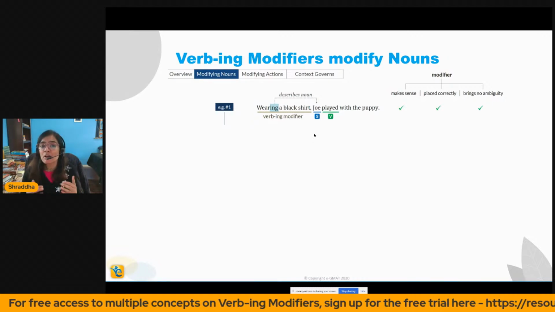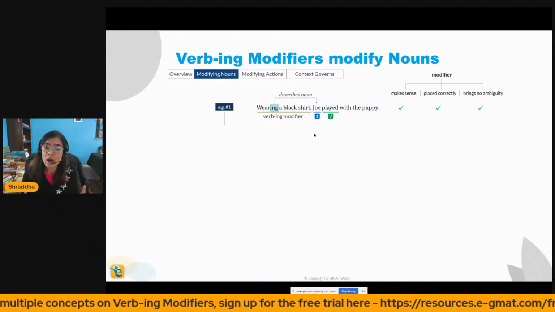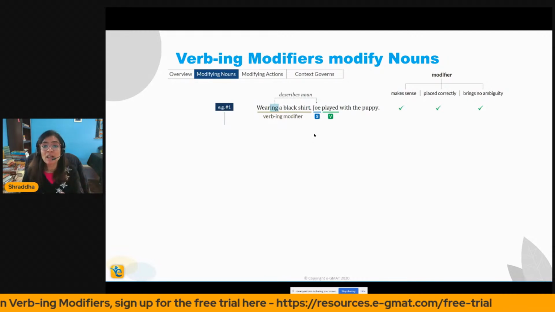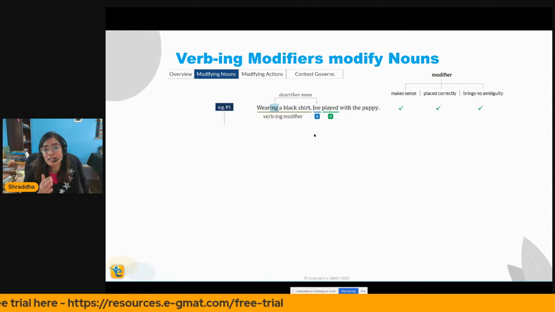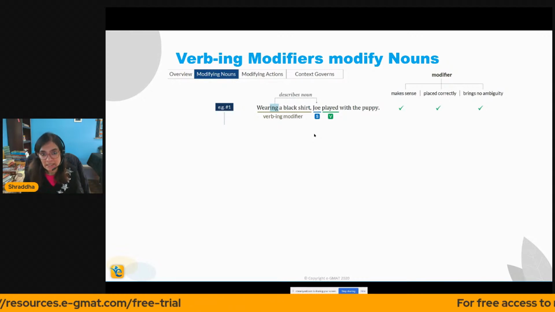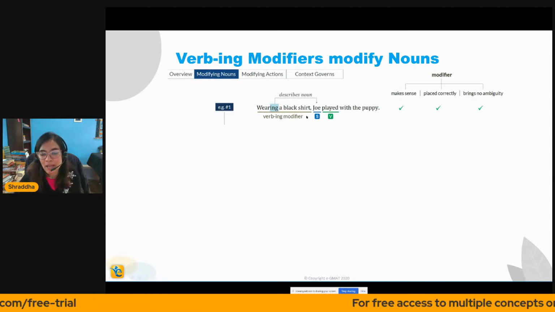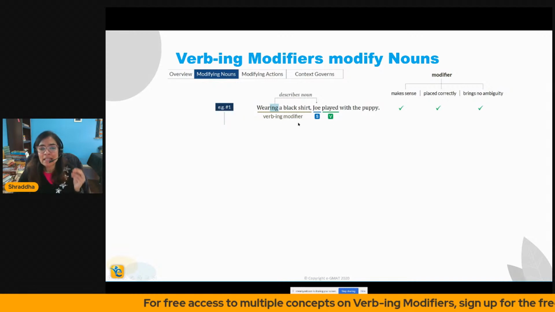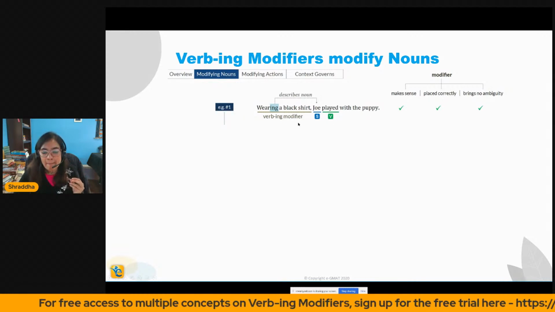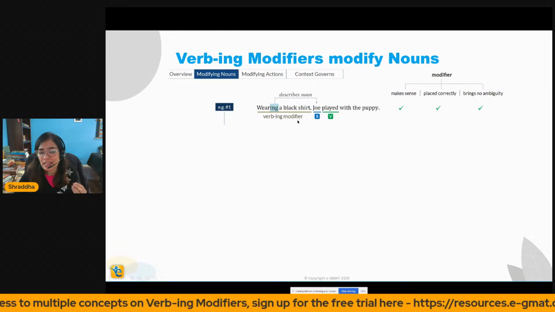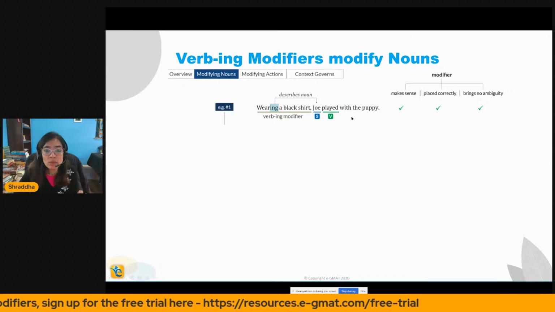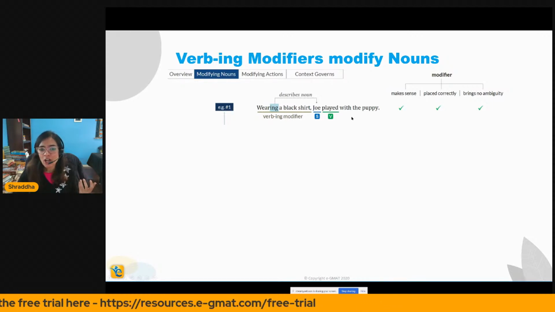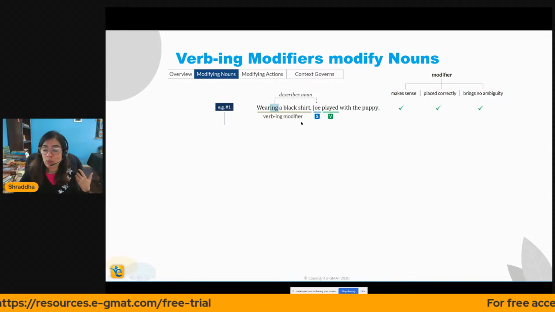And this is where we are opening up to the meaning-based approach, because we are relying on the meaning of the sentence to guide us through the grammar that has been used in the sentence. So when we say "Wearing a black shirt, Joe played with the puppy," does it make any logical sense to say that wearing the black shirt has got anything to do with Joe playing with the puppy? Not really. Not that Joe will only play with the puppy when he's wearing a black shirt.